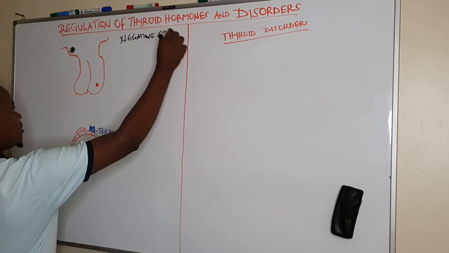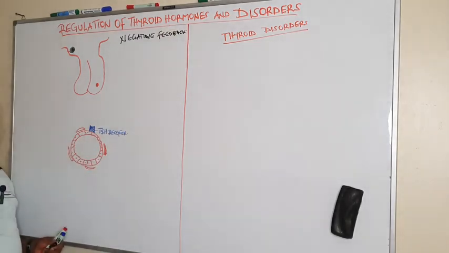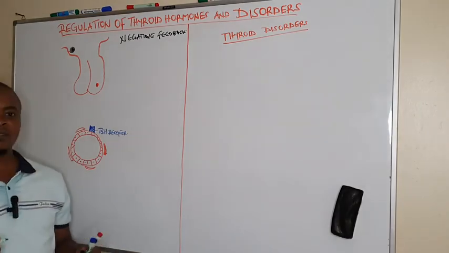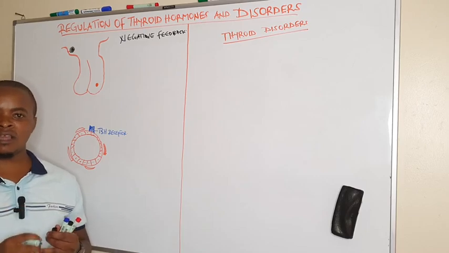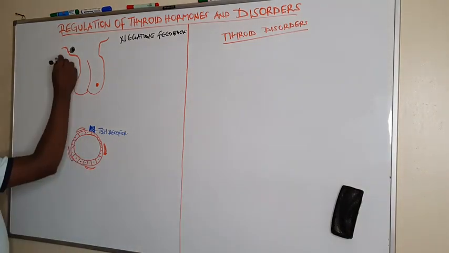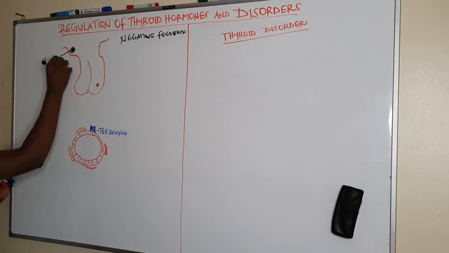Negative feedback, whereby we are going to see what triggers this hypothalamus anterior pituitary thyroid axis, because we are going to have here hypothalamus. This is hypothalamus.